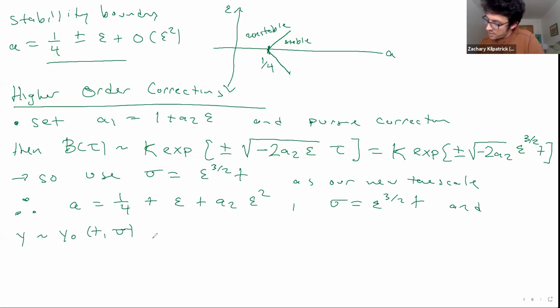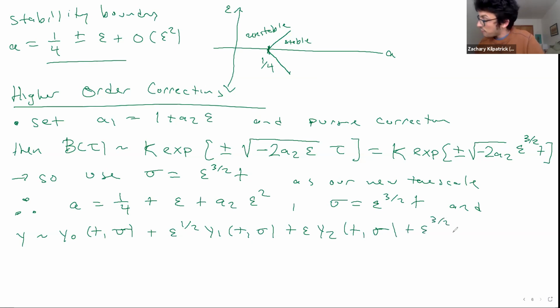Well, just to be safe, let's take half powers of epsilon, okay? And it turns out what we'll see is that we actually have to go up to order involving y4 in this case, okay?